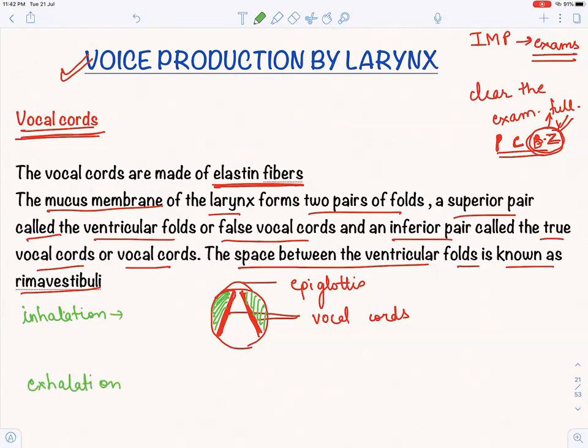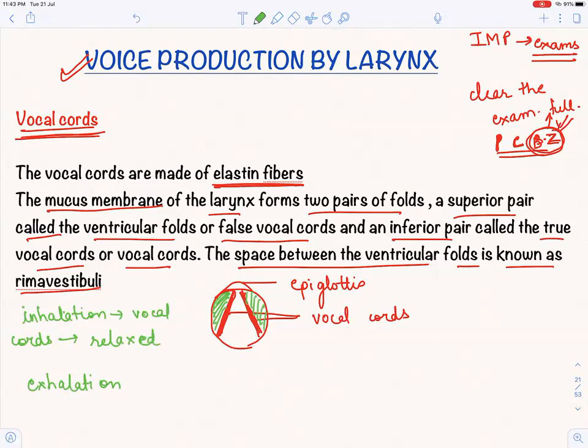During inhalation, vocal cords are relaxed, while in exhalation vocal cords come near to each other, and this space becomes narrow, and there is vibration of vocal cords. Due to those vibrations, what happens? There is the production of sound.